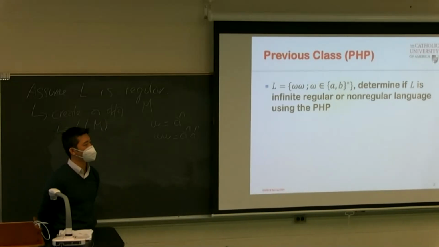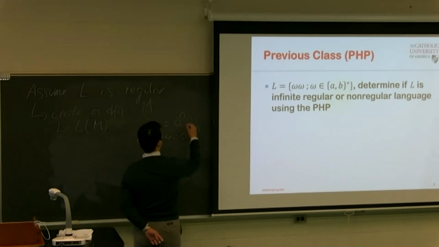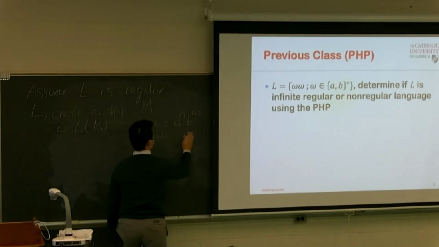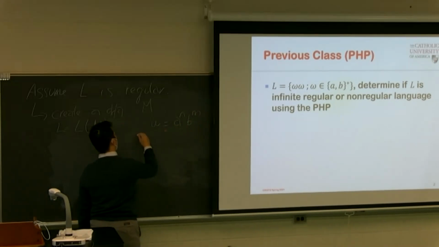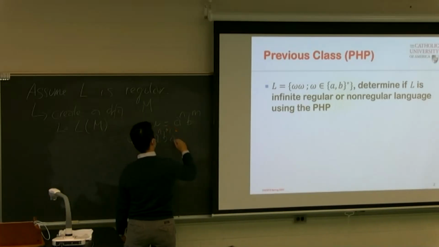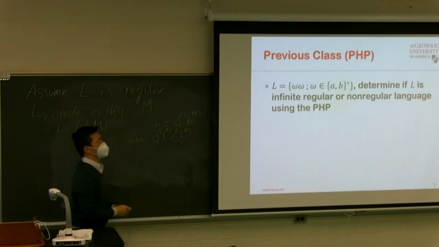So should we say A to the N, B to the N? What if we pick A to the N and B to the M? Okay.